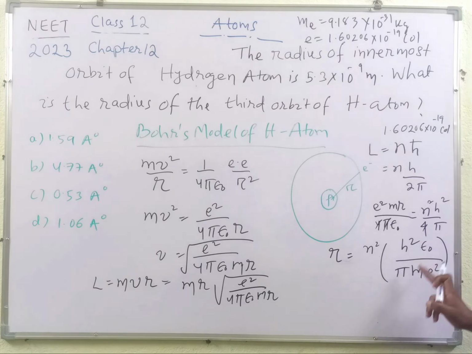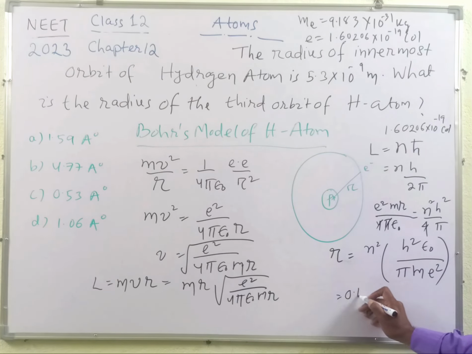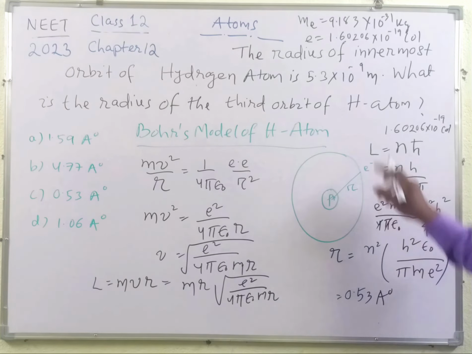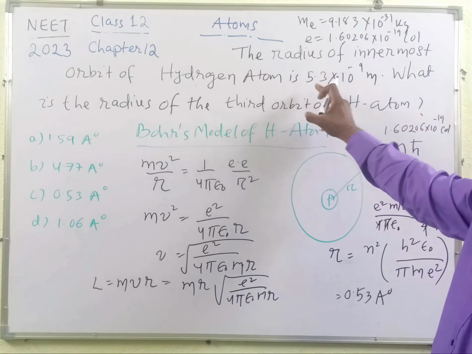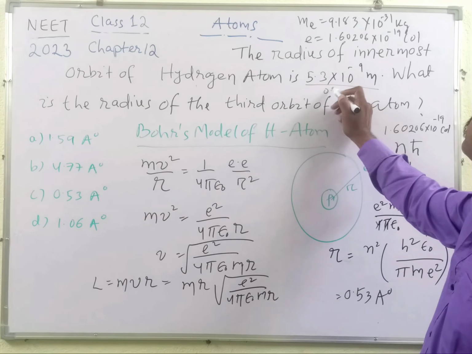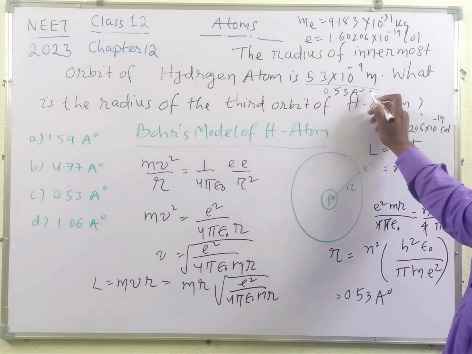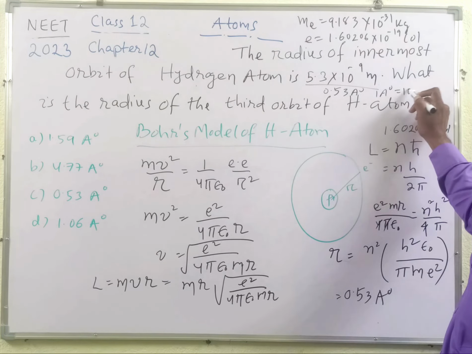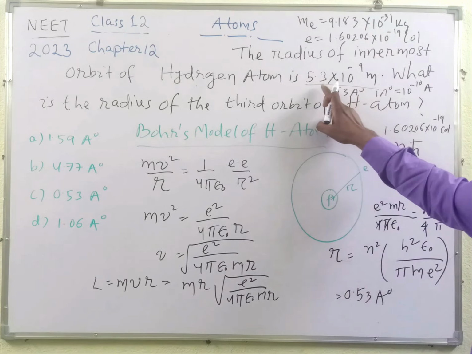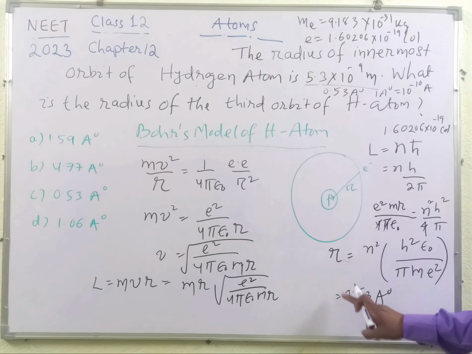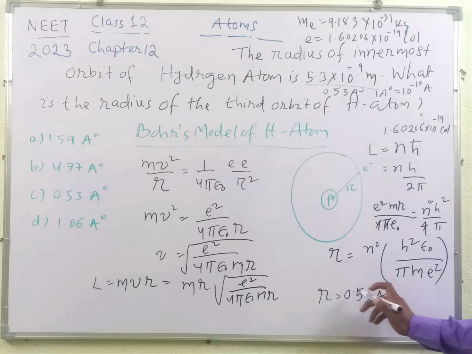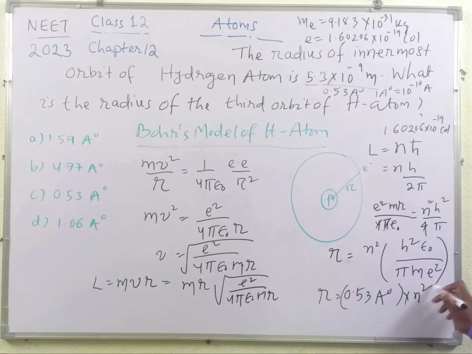So all the quantities other than n are constant, and that value is equal to 0.53 angstrom, which is given above: the radius of the innermost orbit of the hydrogen atom is 0.53 angstrom, because 1 angstrom is 10 to the power minus 10 meter. So r becomes 0.53 angstrom into n square.